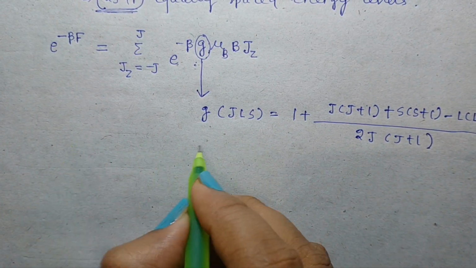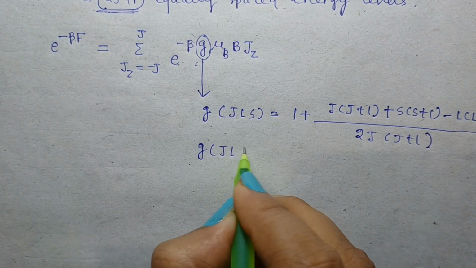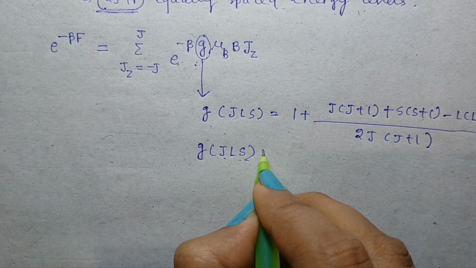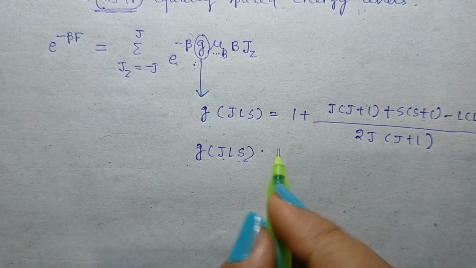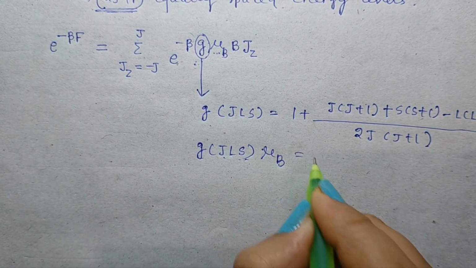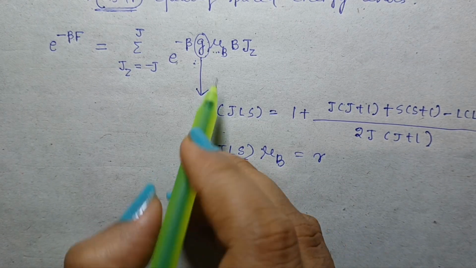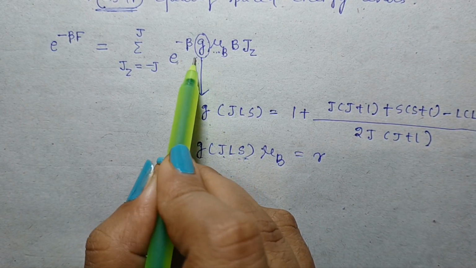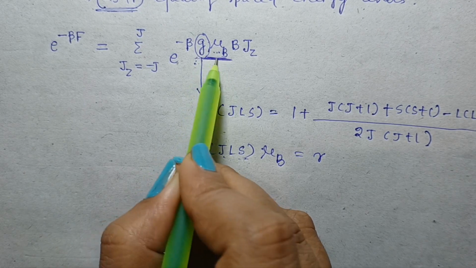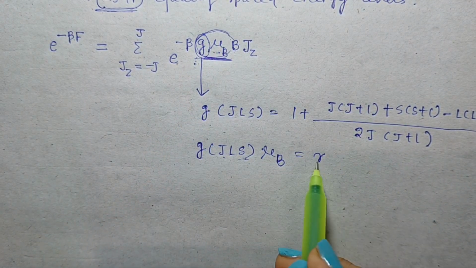If I multiply this g(J,L,S) with mu B, it will be gamma. That means instead of this term, I can simply put gamma.